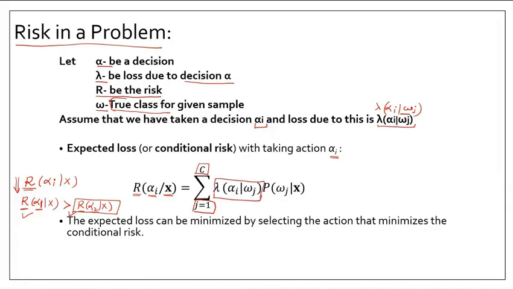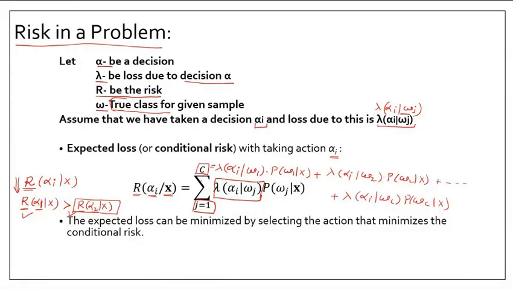This will be lambda, the loss for taking decision alpha i, multiplied by the probability of omega 1 given that the input is X, plus the loss due to the ith decision, this is a generalized thing, given omega 2 into probability of omega 2 given X, and so on up to the loss of alpha i given omega c into probability of omega c given X. So this thing we write in terms of a summation like this.